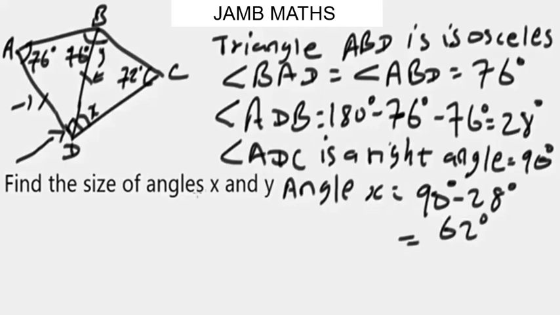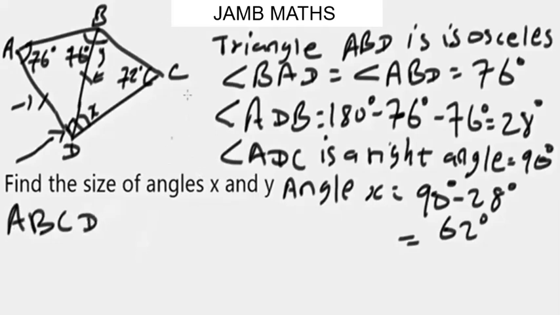Now for angle y, to get our angle y, note that ABCD is a quadrilateral, and we know that a typical quadrilateral adds up to give what? 360 degrees.